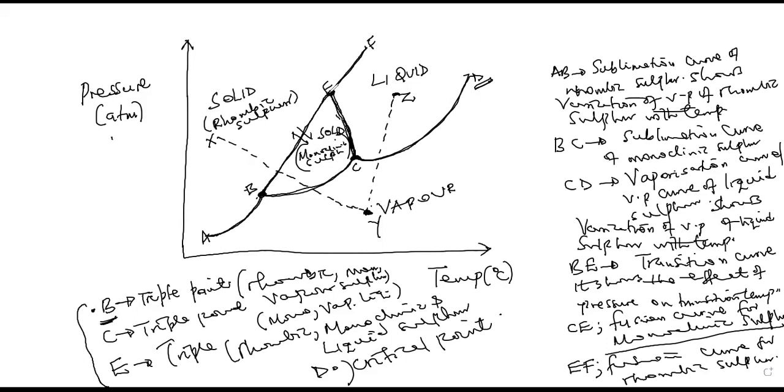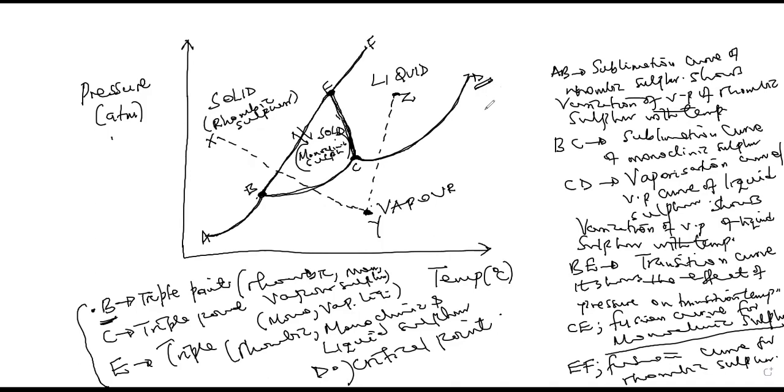But E is a triple point. Triple means that there must be 3 phases in equilibrium. So at E, it is the rhombic, monoclinic, and the liquid sulfur that exist in equilibrium. And this point D, you defined it as the critical point beyond which no liquefaction of sulfur takes place, however much pressure is increased.